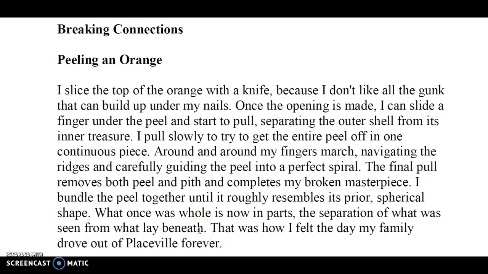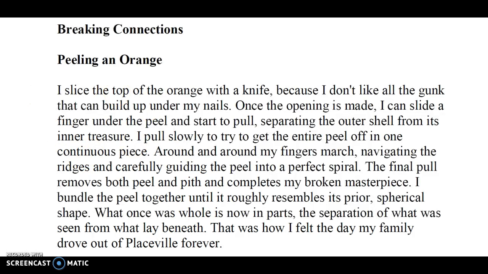"What once was whole is now in parts, the separation of what was seen from what lay beneath." Okay, this is the transition sentence. Now we go from talking about the orange to talking about a general concept, right? Taking away the outer layer, maybe you want to bring in "don't judge a book by its cover." Obviously, you're going to reverse that cliche in some way. It's this idea that the idea has gotten bigger.